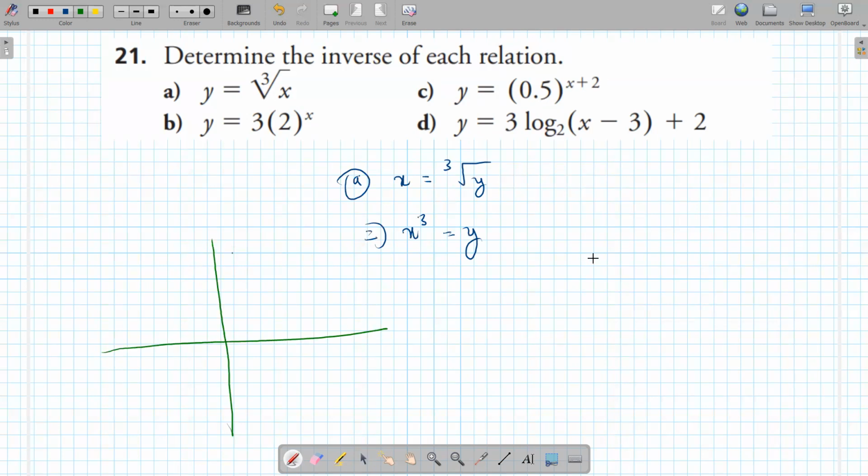I'm trying to visualize what x cubed looks like. When x is -1, cube root of -1 is -1. So we start over here, goes through 0, 0. Probably will end up looking something like this.